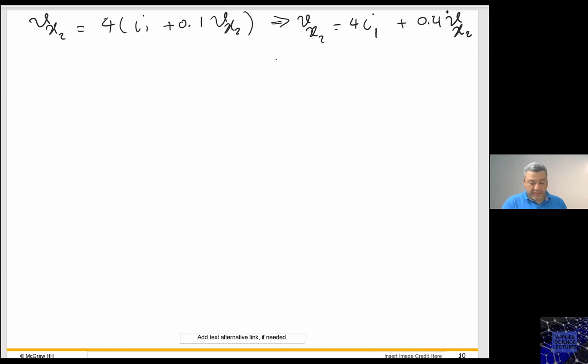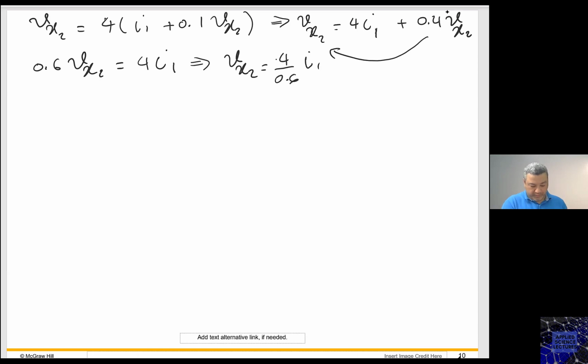We take this to the other side, becomes Vx2 minus 0.4, 0.6 Vx2 equals 4I1, or Vx2 equals 4 divided by 0.6 I1. 4 divided by 0.6 is 6.667 I1.